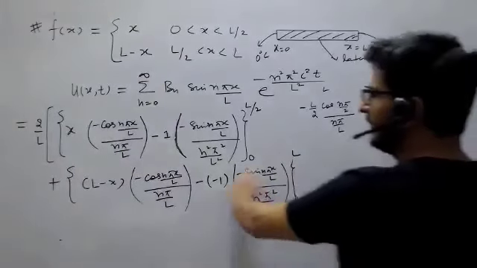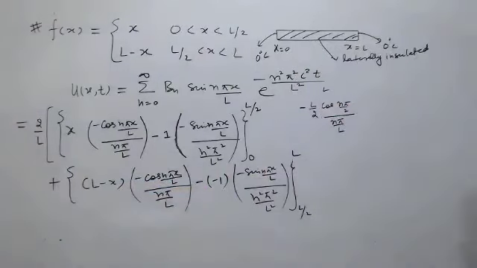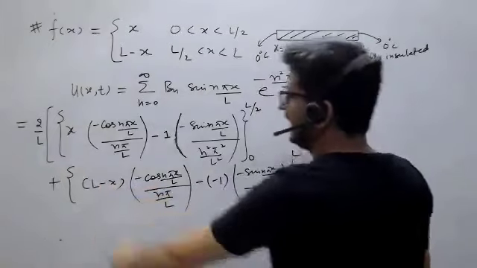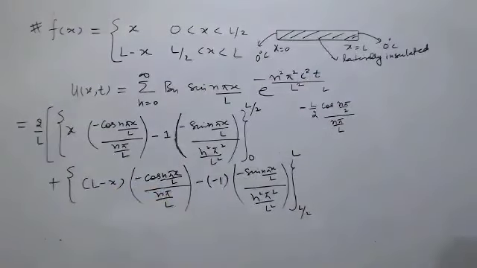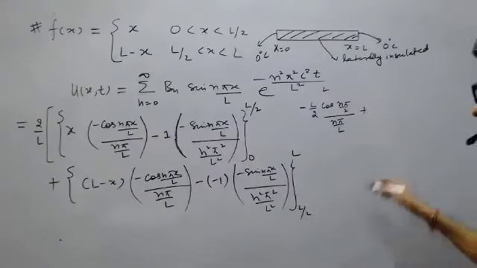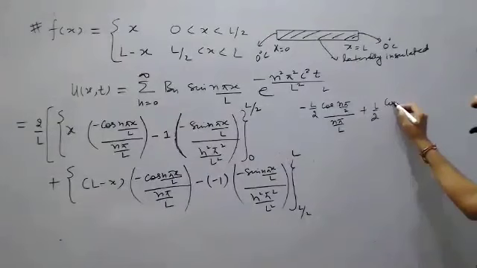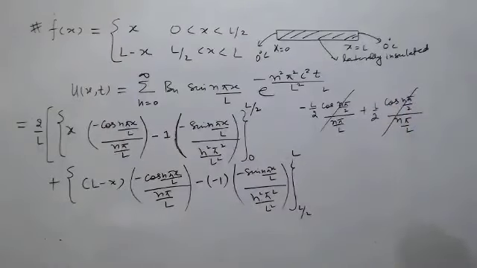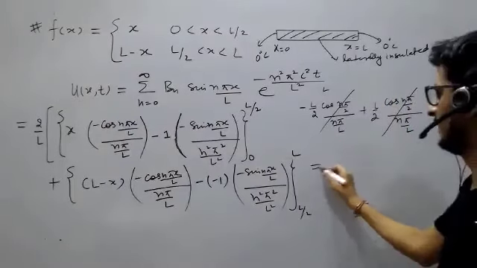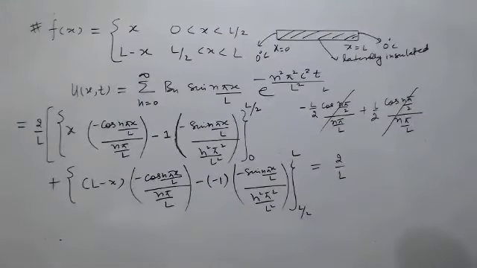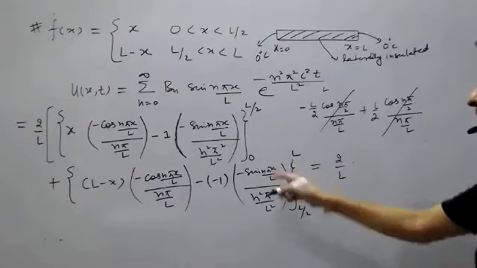And here the upper term becomes 0. The upper term is 0 and the lower term will be this minus, and minus of the lower term will give you plus, and L minus L by 2 will be L by 2 cos of n pi by 2 over n pi by L. So they will cancel. So the answer will be, Bn will be 2 by L, and what about this?